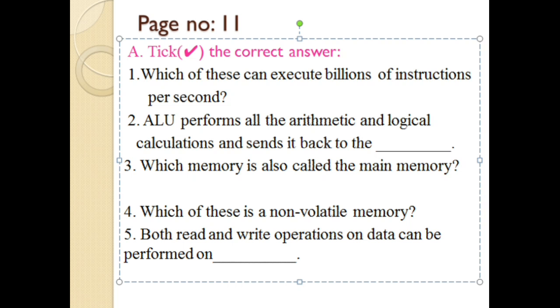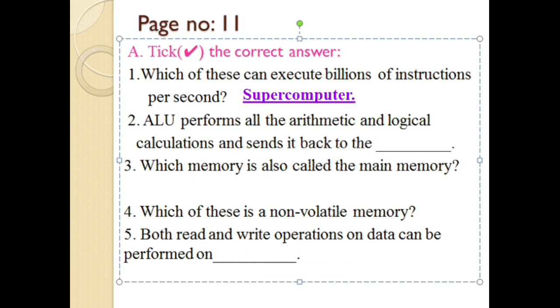We have four types: micro, mini, main and super. Which will run billions of instructions? Yes, a supercomputer will execute billions of instructions.